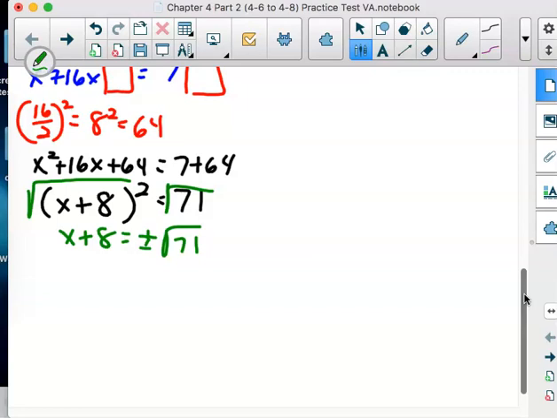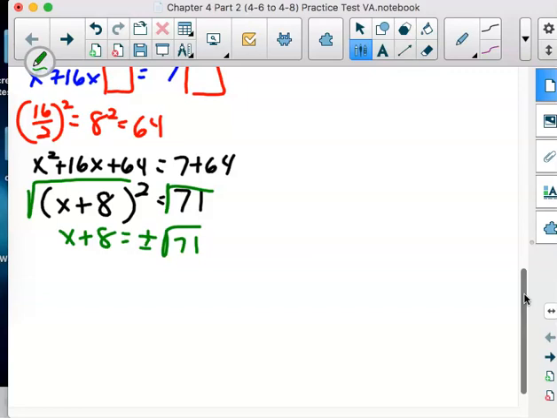Because it doesn't end in a 5 or a 0. The 71 doesn't, so what's the point? 16? No. 9? No. 4? No. What does that mean? Yeah, we can't. We have to just leave it a really ugly square root of 71, but that's okay. Less work, right?